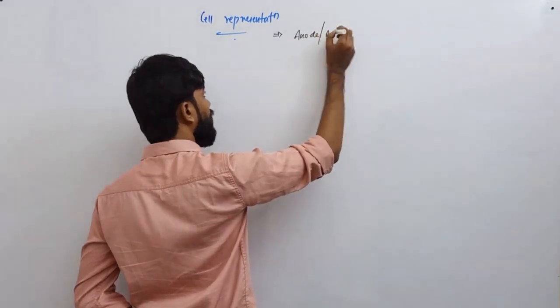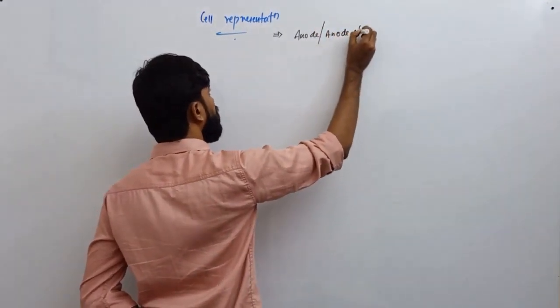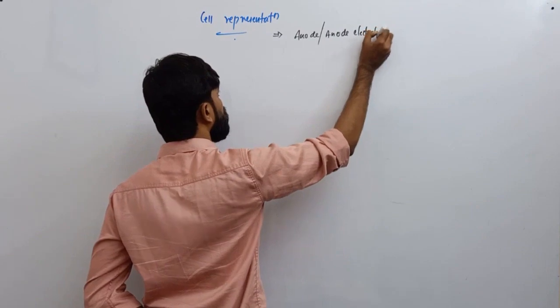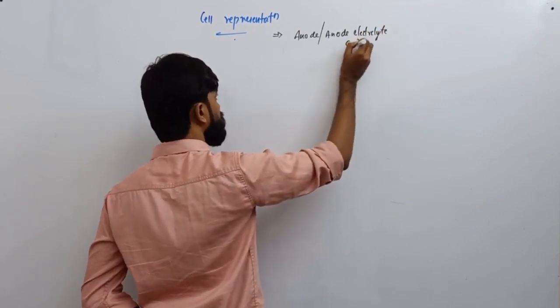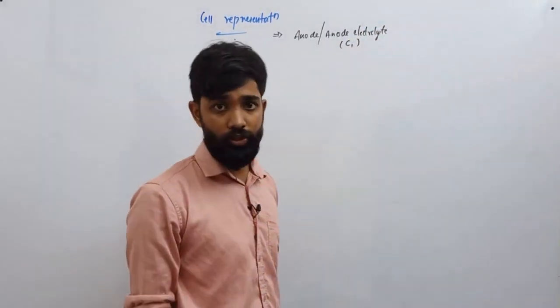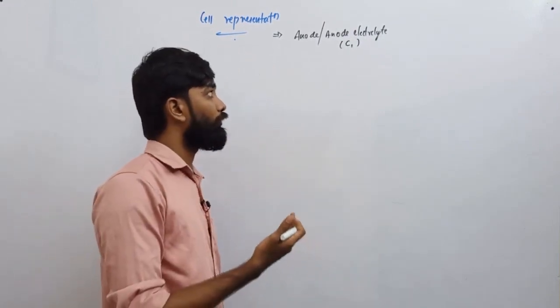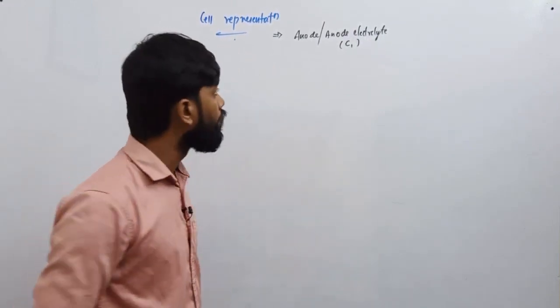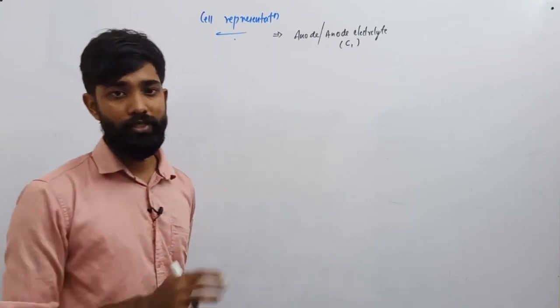First of all you have to write the anode, then the electrolyte of the anode, which has a concentration, let it be C1. If you know the concentration, then it is okay. If you are not able to know it, then you simply put it as C1.